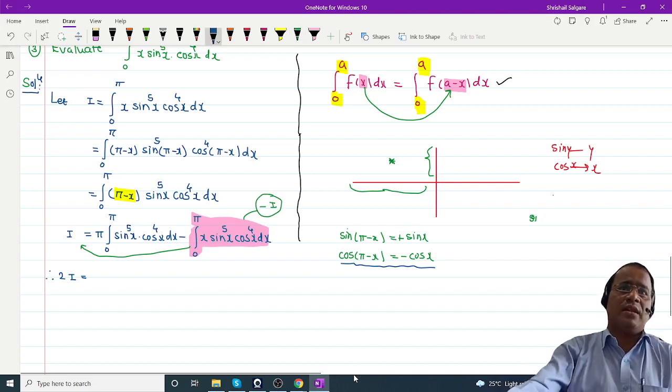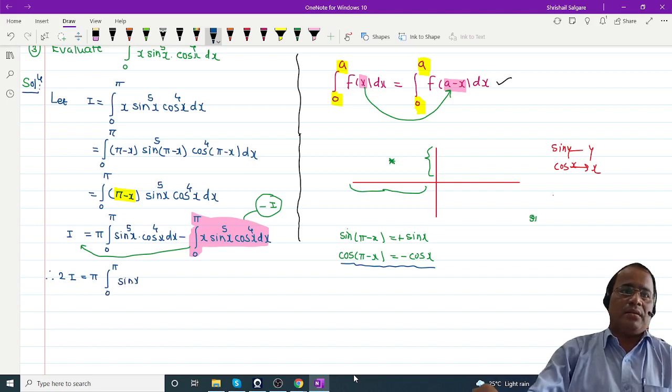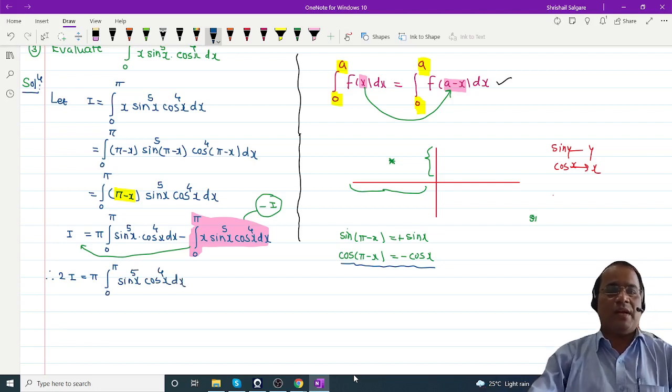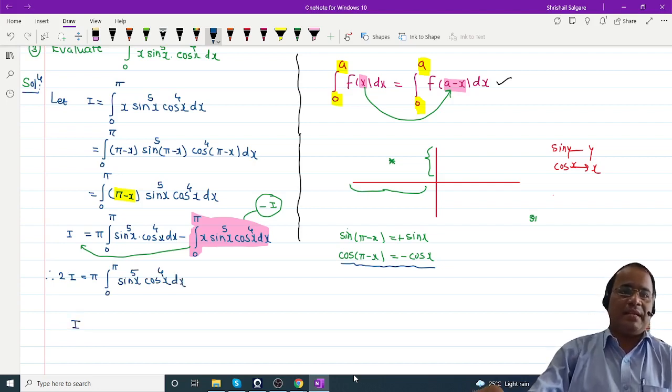So the remaining is pi times integral 0 to pi sine x raised to 5 into cos x raised to 4 dx. Therefore, I can be written as pi by 2 integral 0 to pi sine of x raised to 5 into cos of x raised to 4 dx.